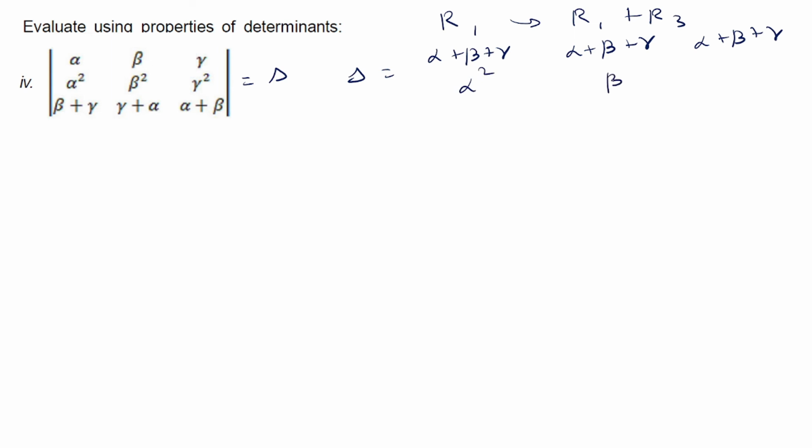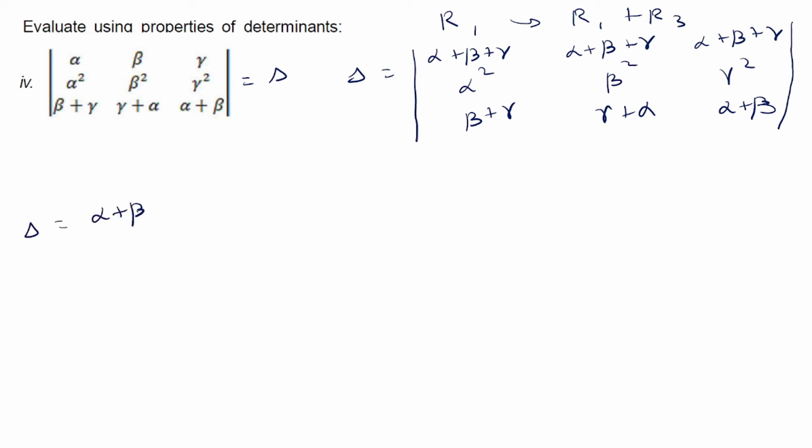In the second row we have the same alpha square, beta square, gamma square, and the third row also remains the same. Now we can see that in the first row alpha plus beta plus gamma is common, so it can be taken outside. So alpha plus beta plus gamma into determinant with first row 1, 1, 1, then alpha square, beta square, gamma square, then beta plus gamma, gamma plus alpha, and alpha plus beta.